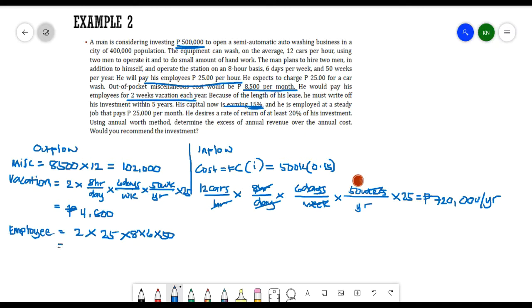So the salary of the employees is equivalent to 120,000. So this is the labor of the employees.